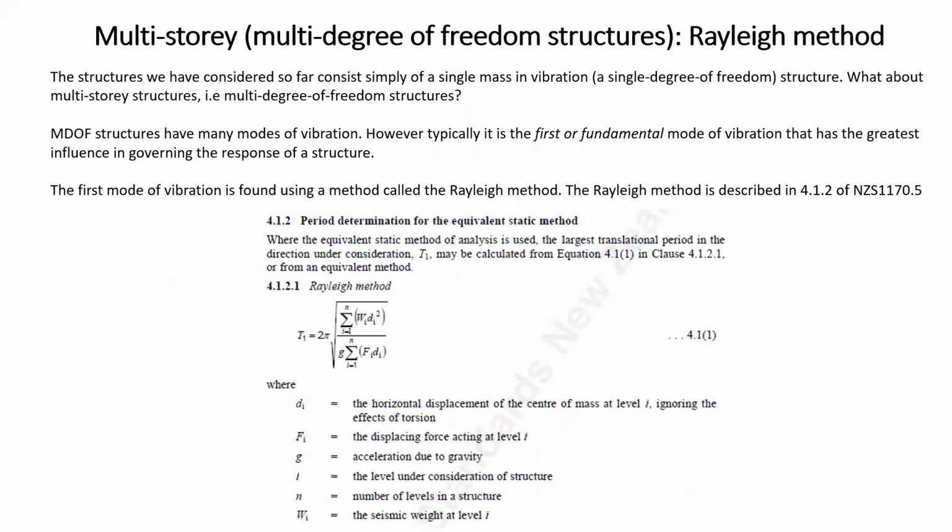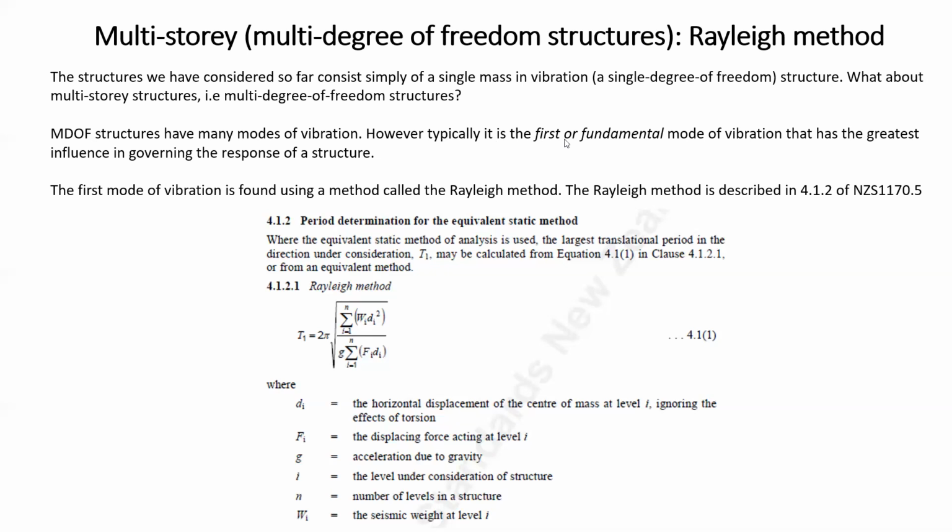Let's consider multi-degree of freedom structures now. The structures we have considered so far consist simply of a single mass in vibration, which is the single degree of freedom structure, as we discussed before the break. What about multi-story structures? That is multi-degree of freedom structures. MDOF structures have many modes of vibration, so this is two stories and above.